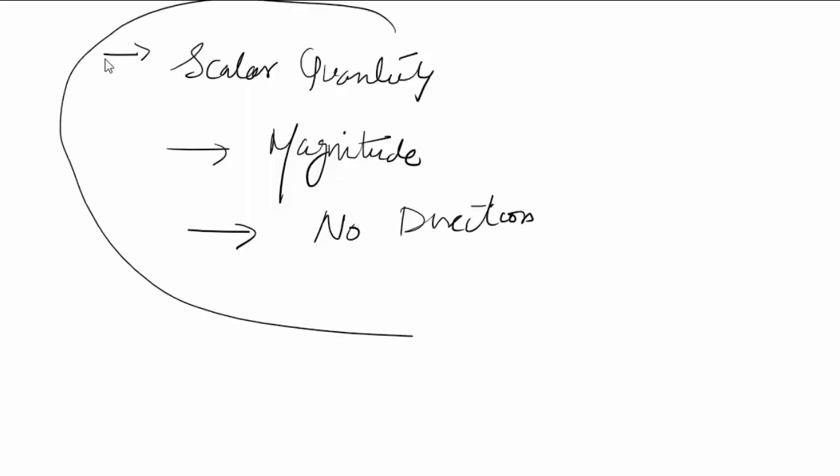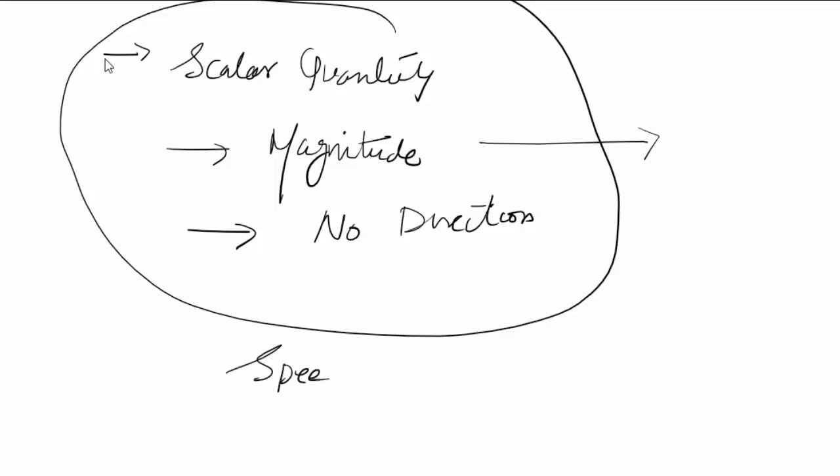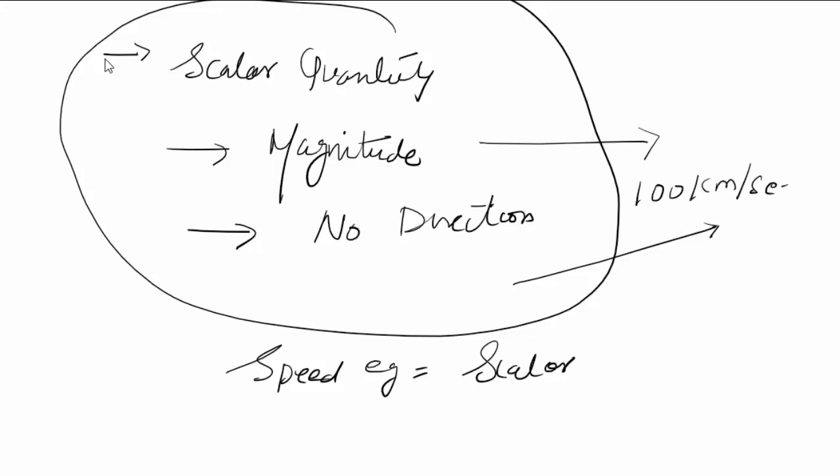So when you're talking about scalar quantities, speed is an example of a scalar quantity. By saying that the speed of an aeroplane is 100 km per second, you are only giving information about the speed. You are not giving any information about the direction or the location of the aeroplane.